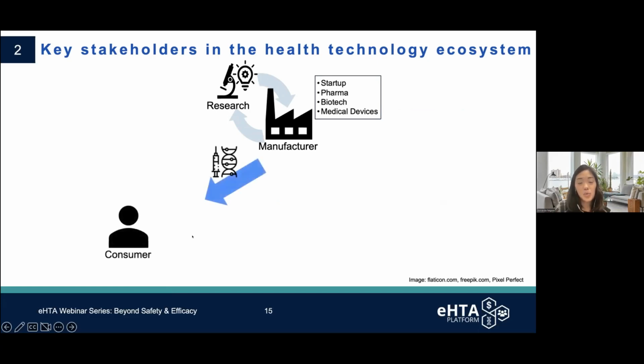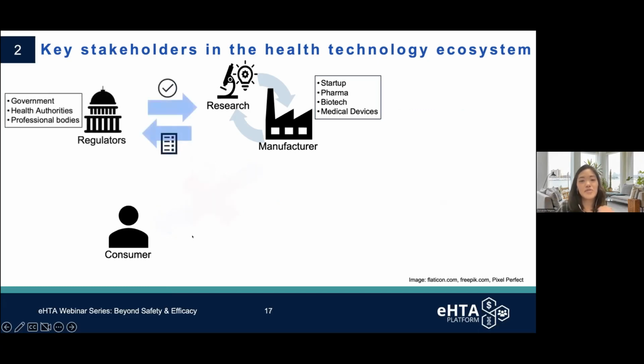And once you get the final product, let's say Glybera, the ultimate goal is to get to consumers, your patients. But healthcare works differently than other markets. Why? Even if patients wanted the product, manufacturers can't directly give it to them. First, those manufacturers need to receive market authorization from regulatory agencies.